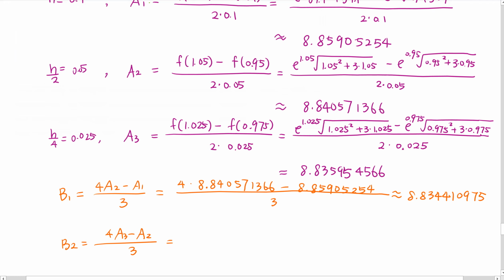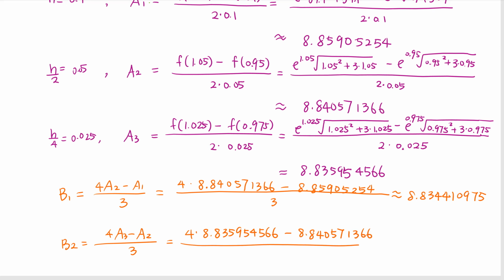Okay, B2 is 4 times A3. A3 is 8.835954566. Minus A2. A2 is 8.840571366. All over 3. Okay, now let's see.